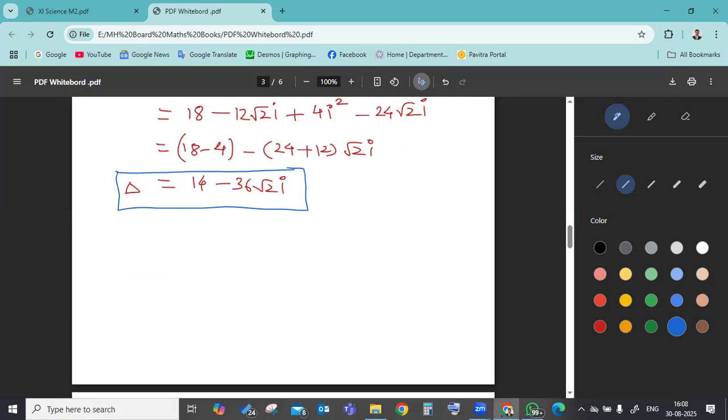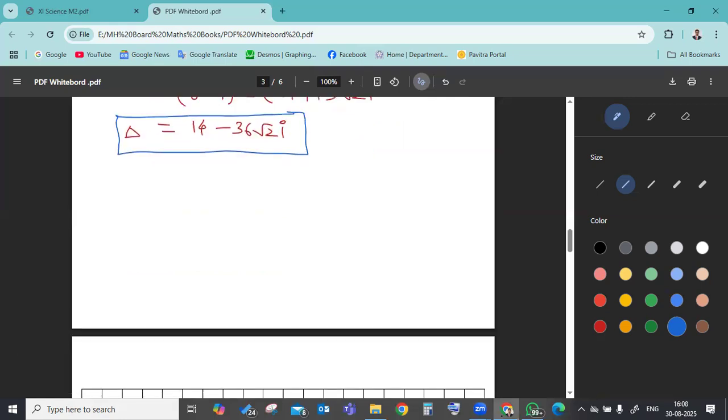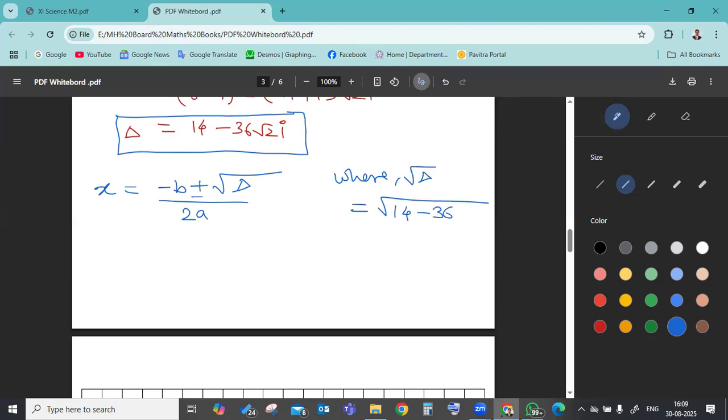Now, in order to find out this solution, x is equal to minus b plus or minus root delta upon 2a. Now, this root delta is what? Root delta is the square root of 14 minus 36 root 2i. Okay. Now it is a square root of a complex number.